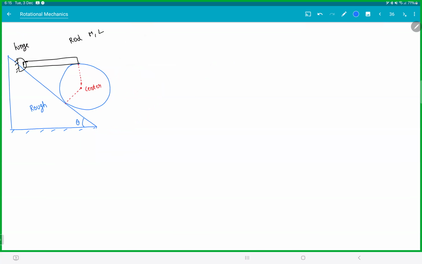So first the rod FBD. There is a hinge, so let's call it ny. There is an nx. You have mg. You have normal reaction here.